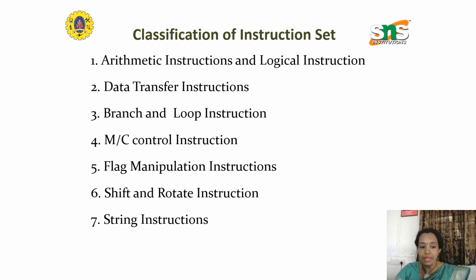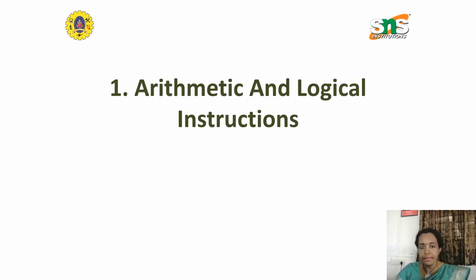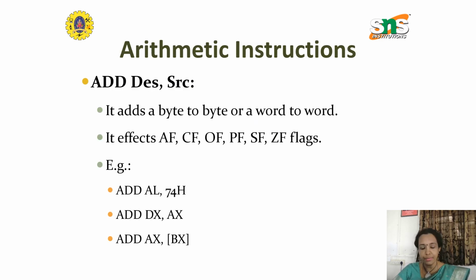The other types are data transfer instructions, branch and loop instructions, MCU or microcontroller control instructions, flag manipulation instructions, shift and rotate instructions, and string instructions. So the very first one is arithmetic and logical instructions.